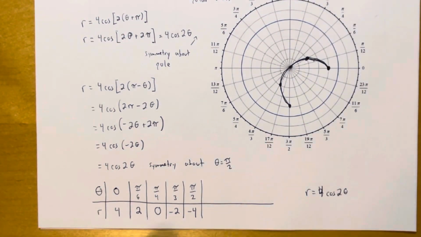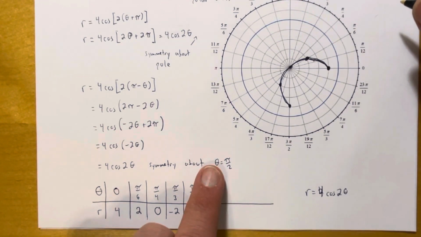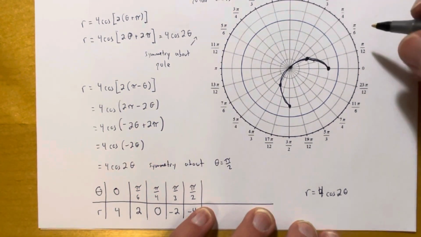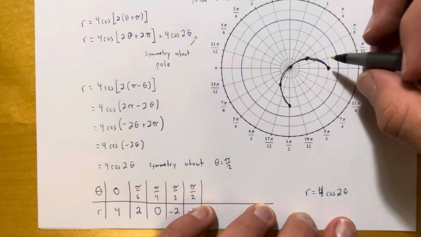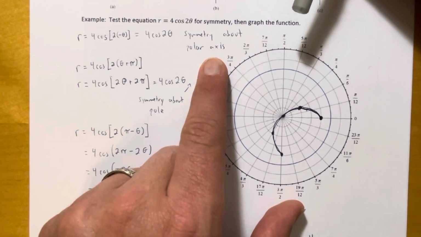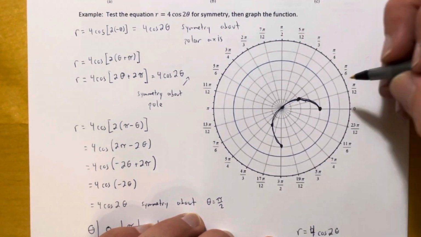Now it turns out that's enough to get a graph of the whole thing, because I could keep plugging in different values of theta, but because I did these symmetry tests, I know some things about the symmetry here. So first of all, we have symmetry about the polar axis, right? So the polar axis is this horizontal axis right here.